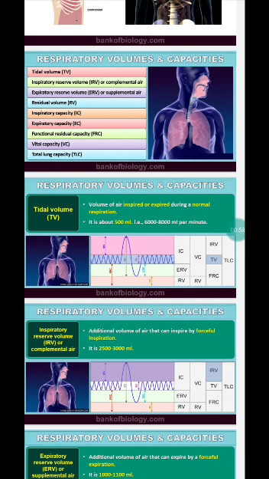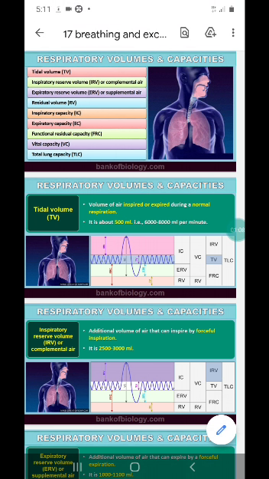Now the next thing is the inspiratory reserve volume, or complemental air. If you go to a doctor, the doctor will ask you to take a deep breath, right? If you inspire and expire, you will take a little more air inside your lungs, yes or no? And you will expire a little more air outside.